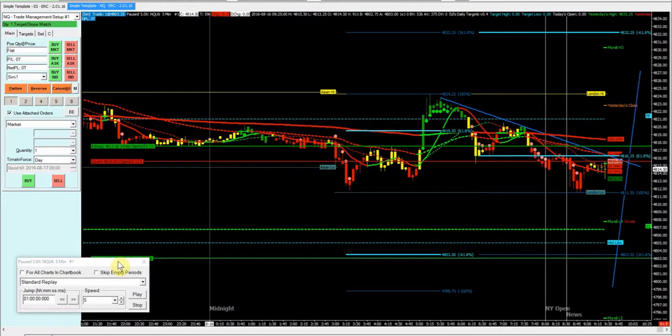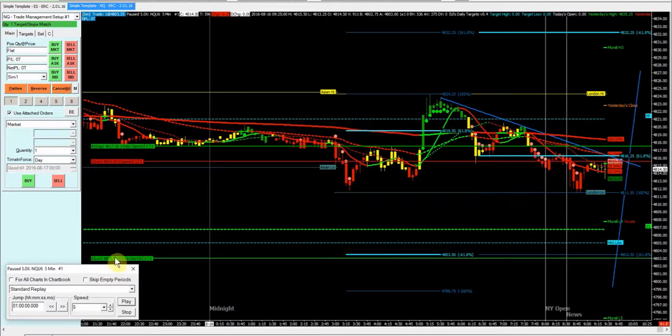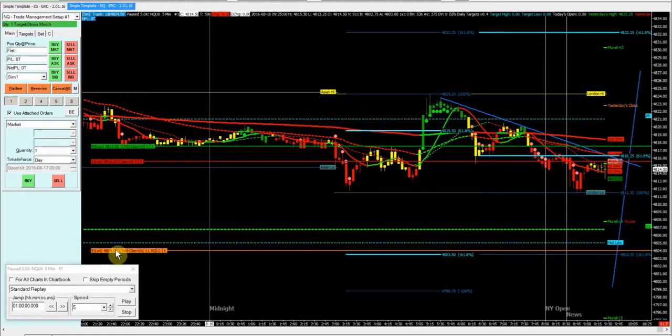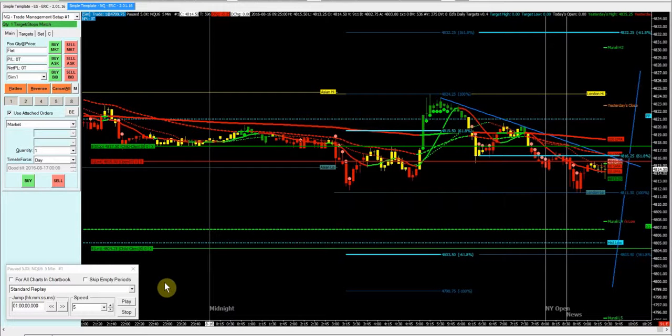And now I want to come down here and make sure that my target is 3 ticks above that. So that gives me a pretty nice 48.15 to 48.04. If you're trading one contract, fine. If you're trading more than one contract, that's cool too.